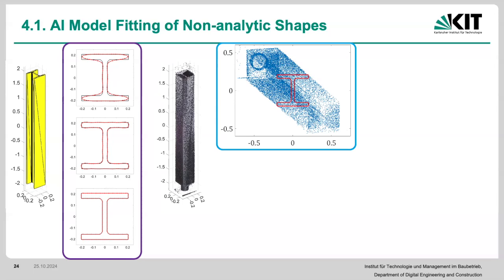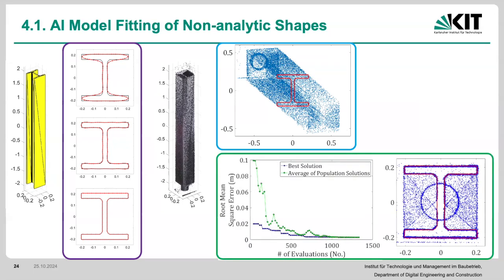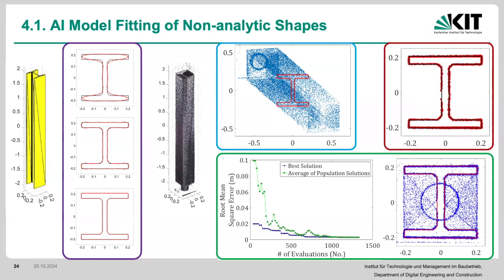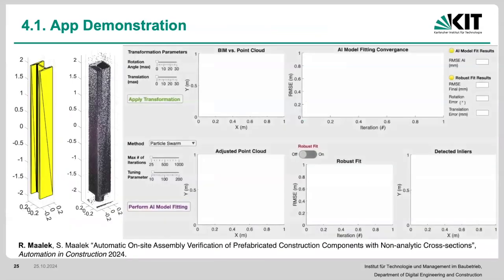No, it turns out it simplifies the problem quite a bit. And then I added a meta-heuristic algorithm that takes any type of orientation there and shifts it back to the original orientation. And then from there, I can use a robust model fitting to extract the points that are surrounding it. I'll give a demonstration of an app that I developed for this.